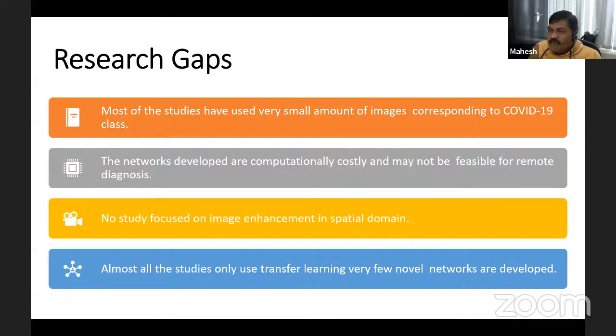People started using an already developed model for some other application, like vehicle detection or classification, whether it is a car, a truck or a bus. The model was developed for that. They wanted to use it for whether the input image is COVID or non-COVID. You can see the change.